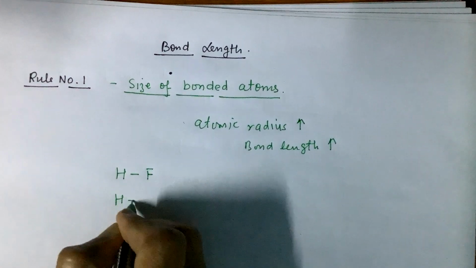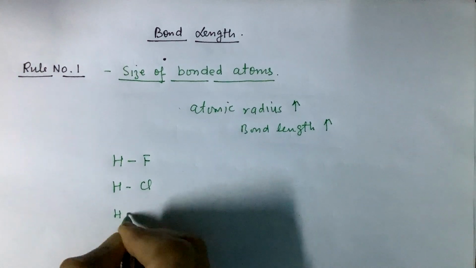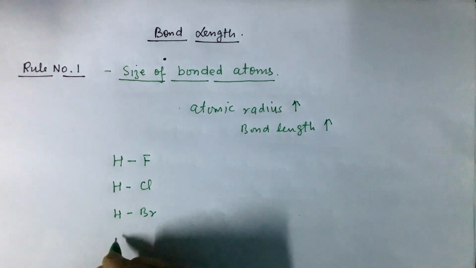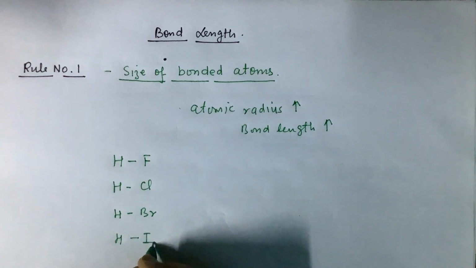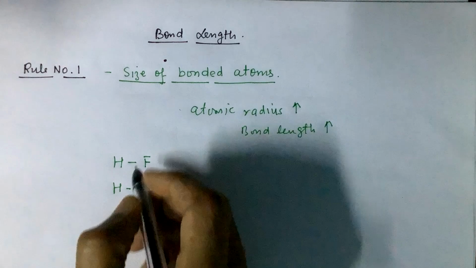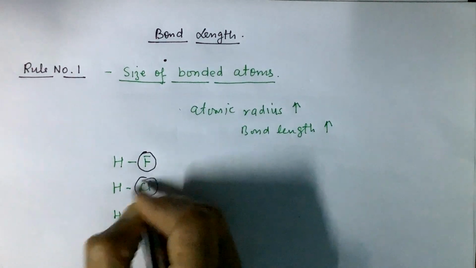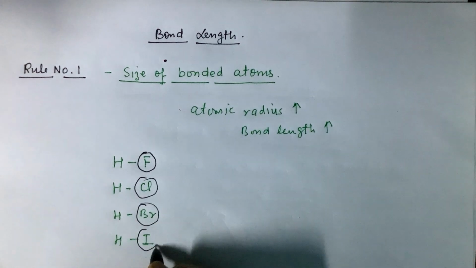and then HCl, HBr and HI. These are 4 molecules. Let us compare the bond lengths of these molecules. Fluorine, chlorine, bromine and iodine.